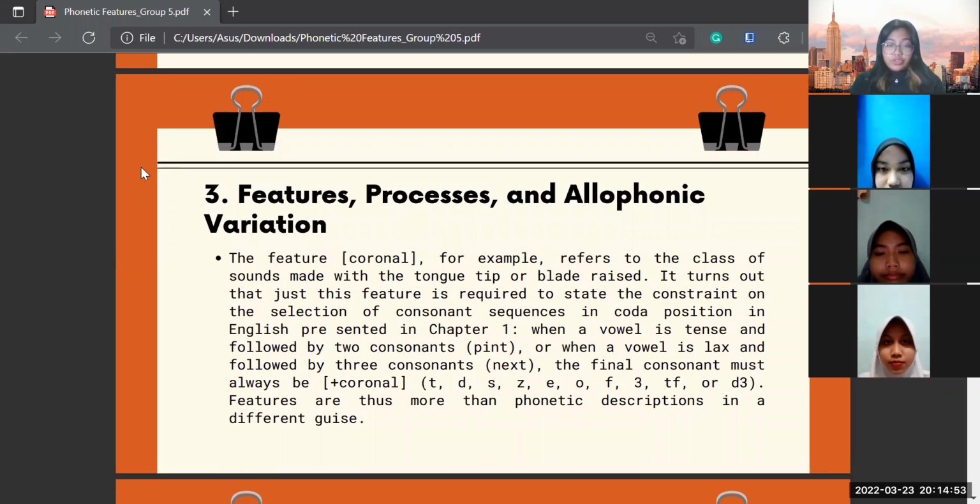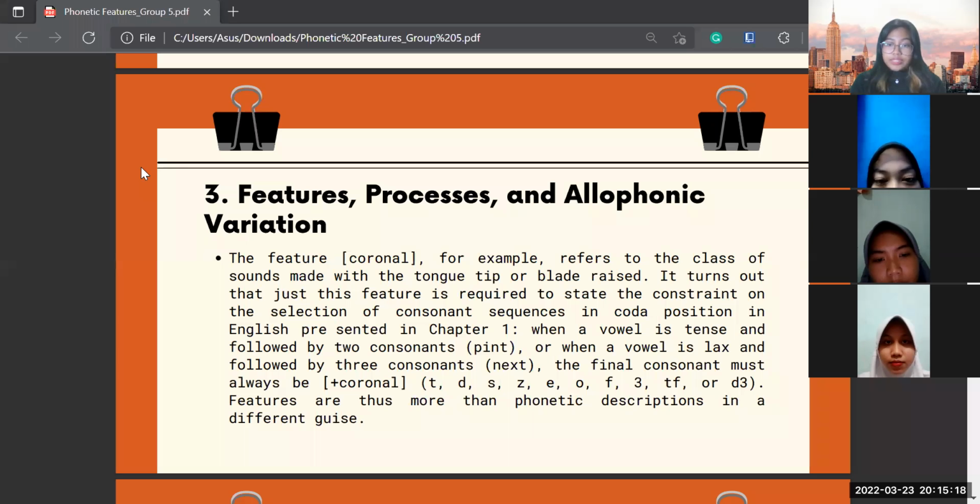The feature coronal, for example, refers to the class of sounds made with the tongue tip or blade raised. It turns out that just this feature is required to state the constraint on the selection of consonant sequences in coda position in English presented in Chapter 1.